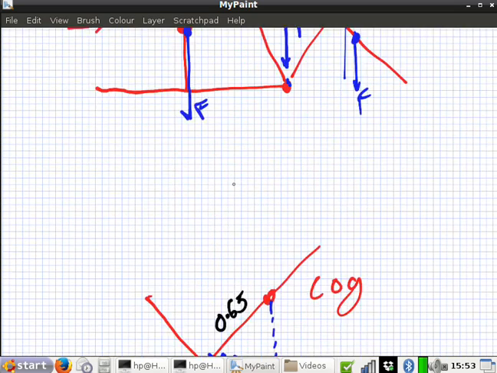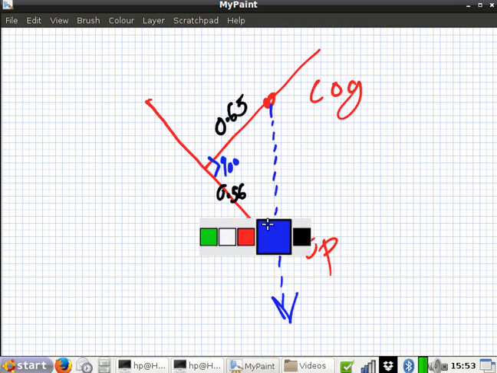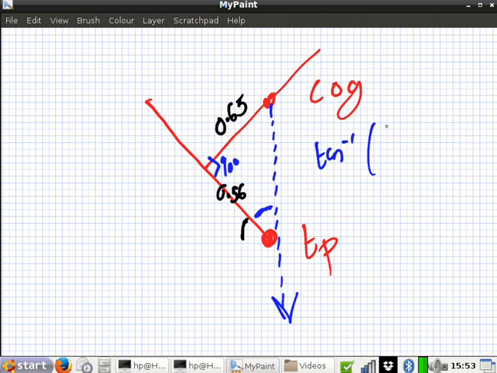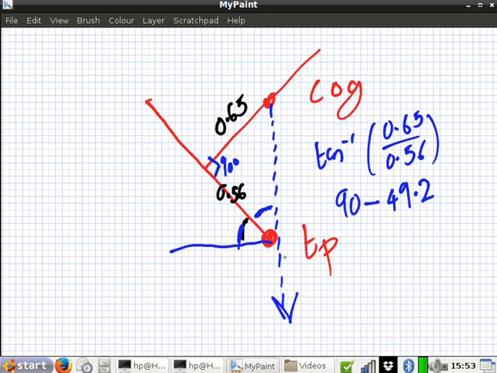Yeah, it was. So, Ibrahim, can you give me this angle here? It's tan inverse 0.65 over 0.56. What's that? 49.2. Now, this angle here is going to be 90 minus that for this one here.